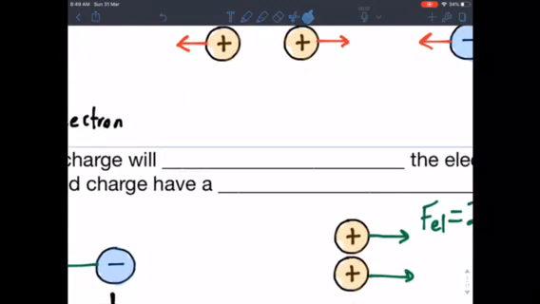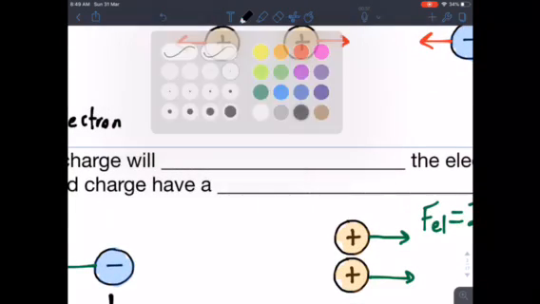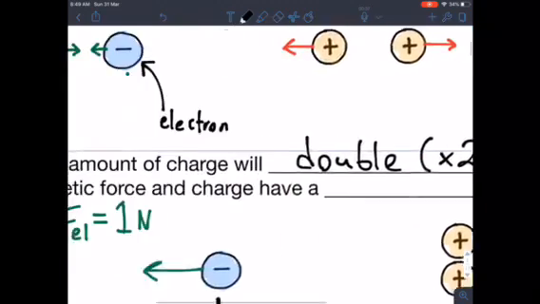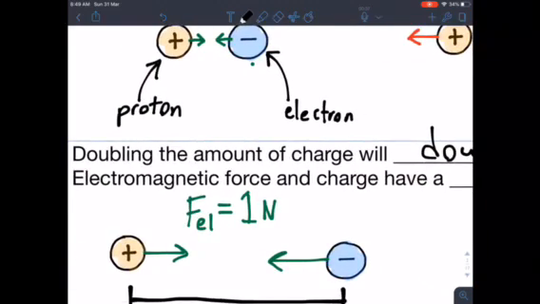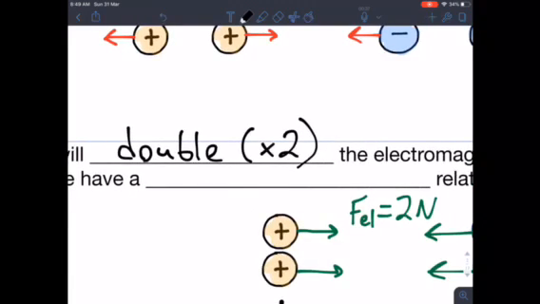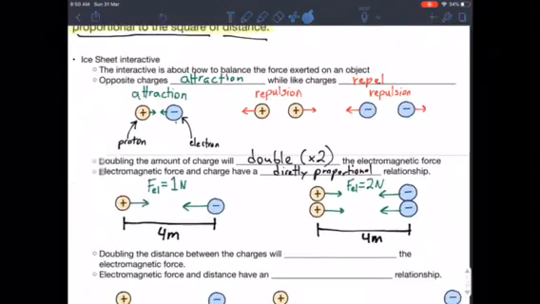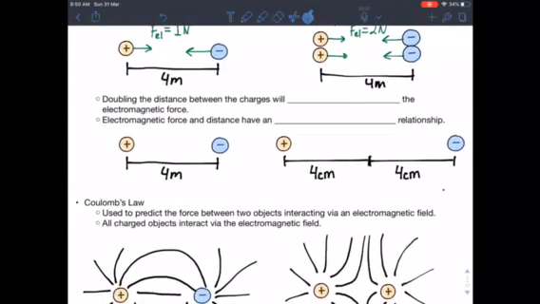So if we fill this out, we'll say that doubling the charge will double, and when we say double, we mean times 2, right? Just mathematically, the electromagnetic force. And then it says electromagnetic force and charge have a directly proportional relationship. Okay? Now, looking at the distance between the charges, we also see a difference.